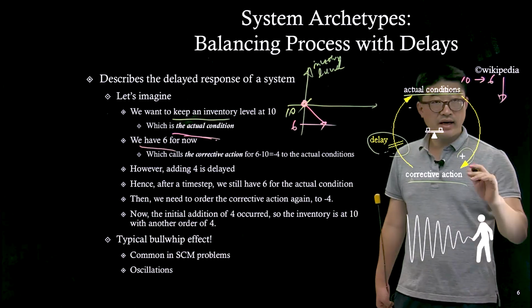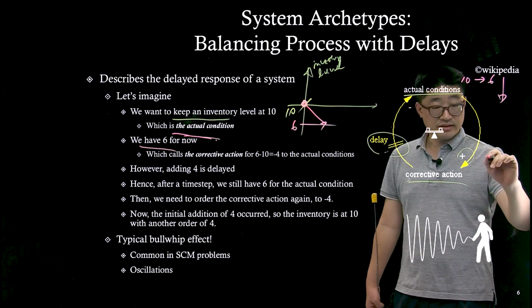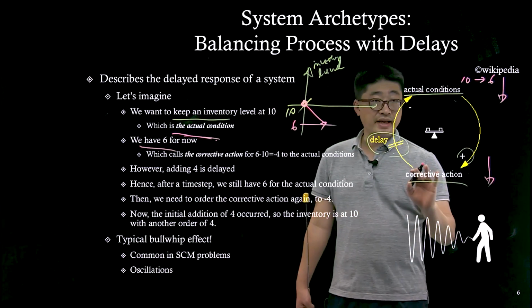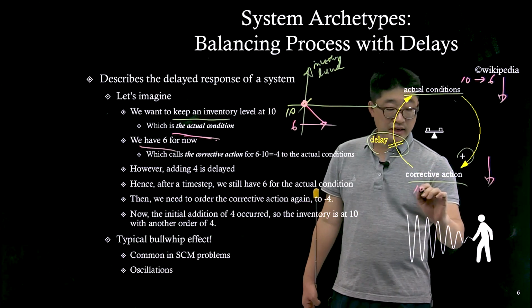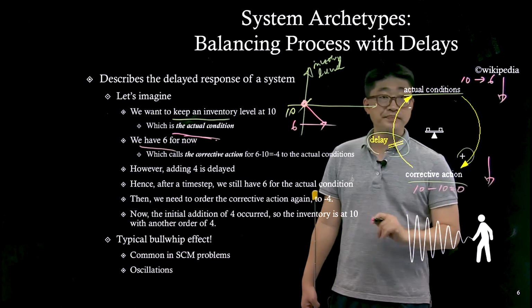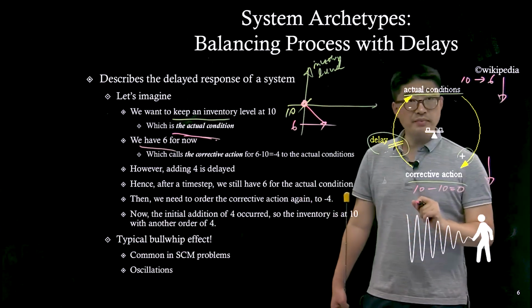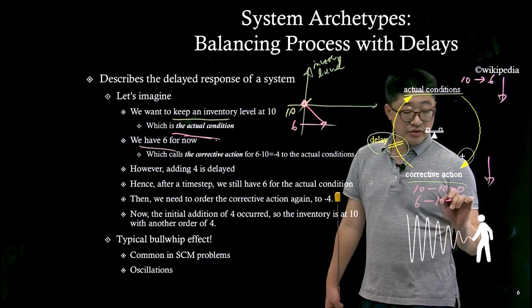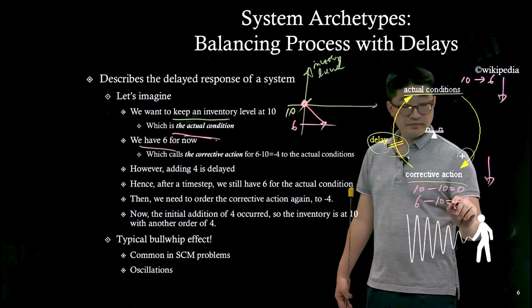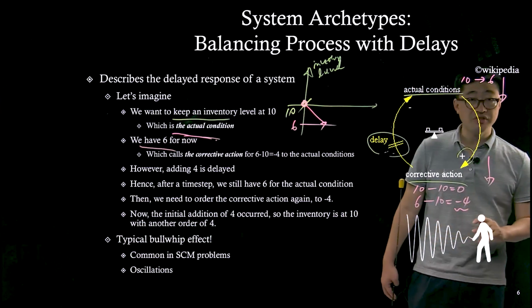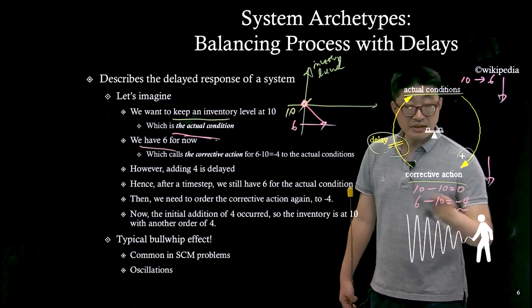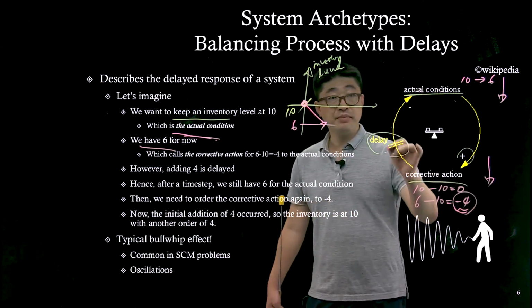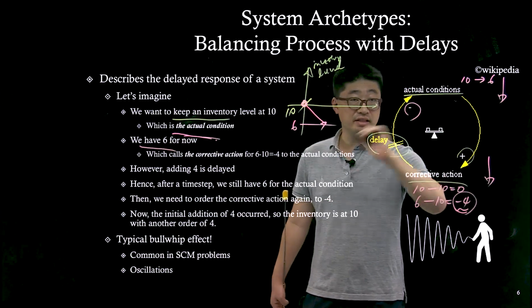Previously the corrective action was 10 minus 10 equals 0 actions. However, now the corrective action is minus 4. And this minus 4 corrective action will impact the actual condition negatively.